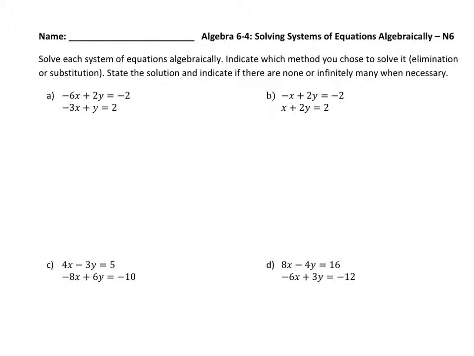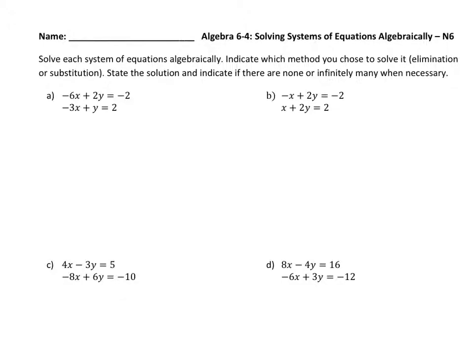So looking at them, I've got one equation up top where I've got coefficients on both my variables. In the second equation, I have a coefficient of -3 for the x and a coefficient of 1 for the y. Whenever I have a coefficient of 1, I tend to like to do substitution. So I'm going to go ahead and do substitution.